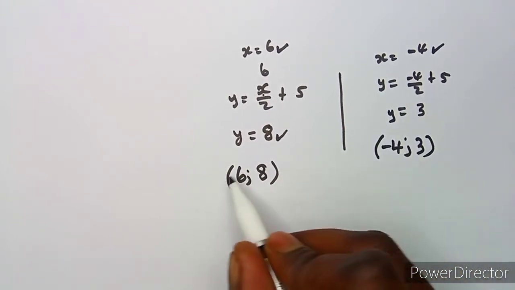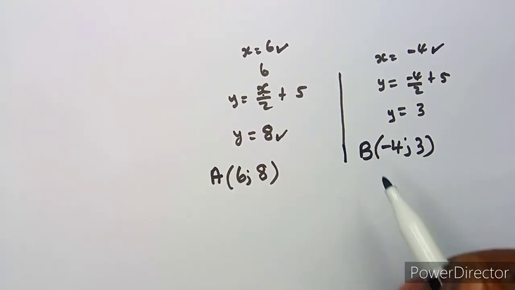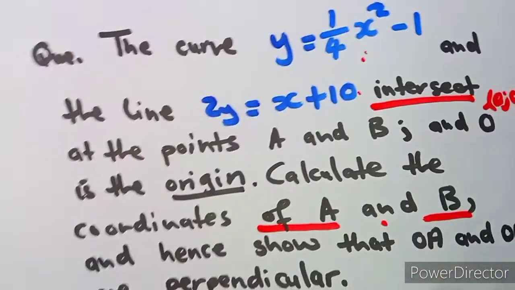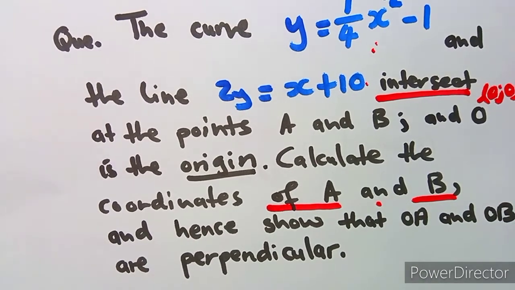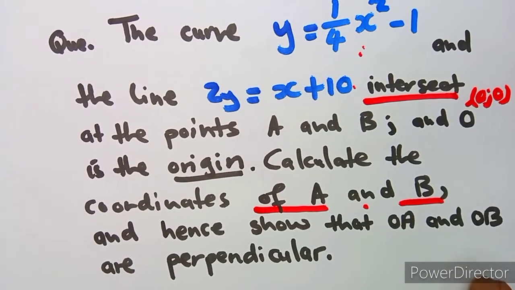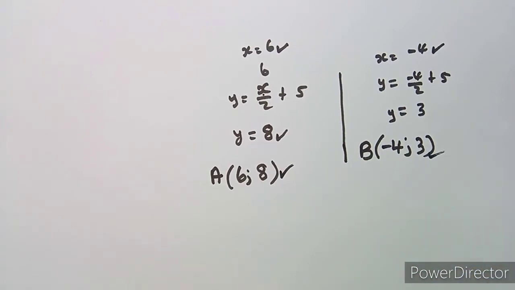So these are the 2 points. You can even name this A and this B, because the question is for us to calculate the coordinates of A and B. We don't know which one is A and which one is B, so just name any, say this is my A and this is my B. All right, that's it. So that's how you solve the point of intersection.